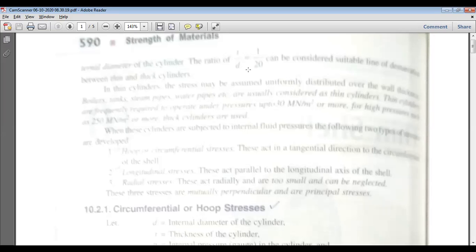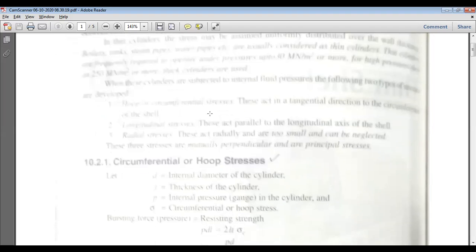And all these formulae that we are discussing today will apply for those cylindrical shells whose L by D ratio is 1 by 20, where D is the diameter and L is the length of the cylindrical shell.